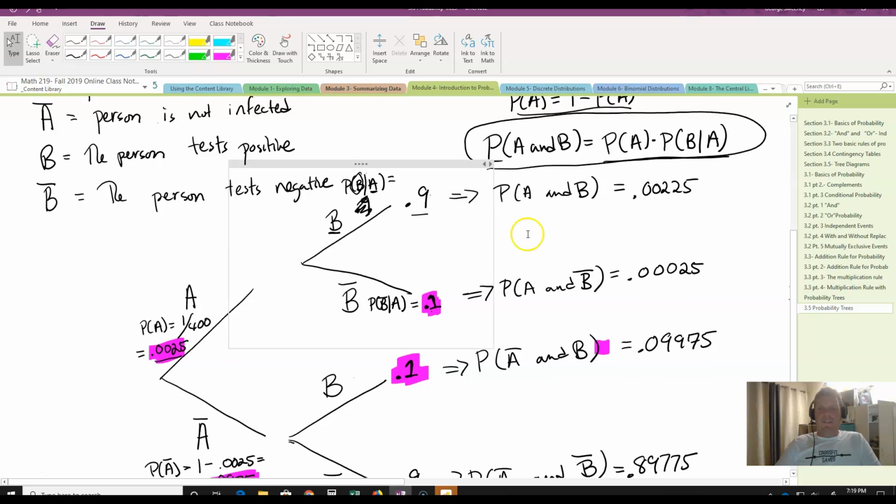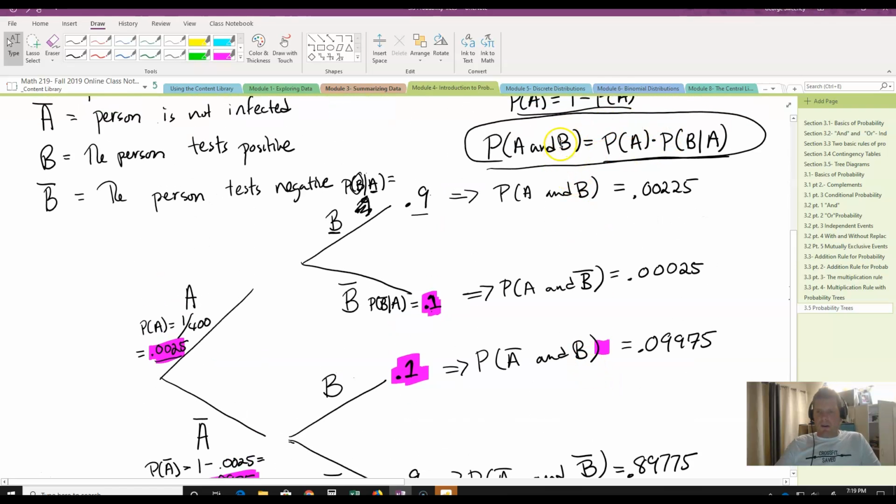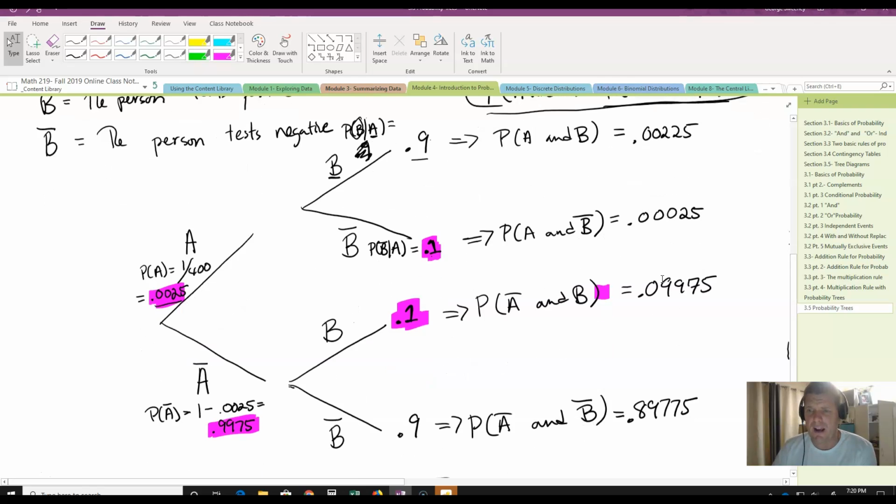Finally, to figure out these intersections, A and B complement, A complement and B, and A complement and B complement, I utilized this formula right here. I multiplied straight across. This times this gives me that. This times this gives me that. And that's how we end up with all these values.